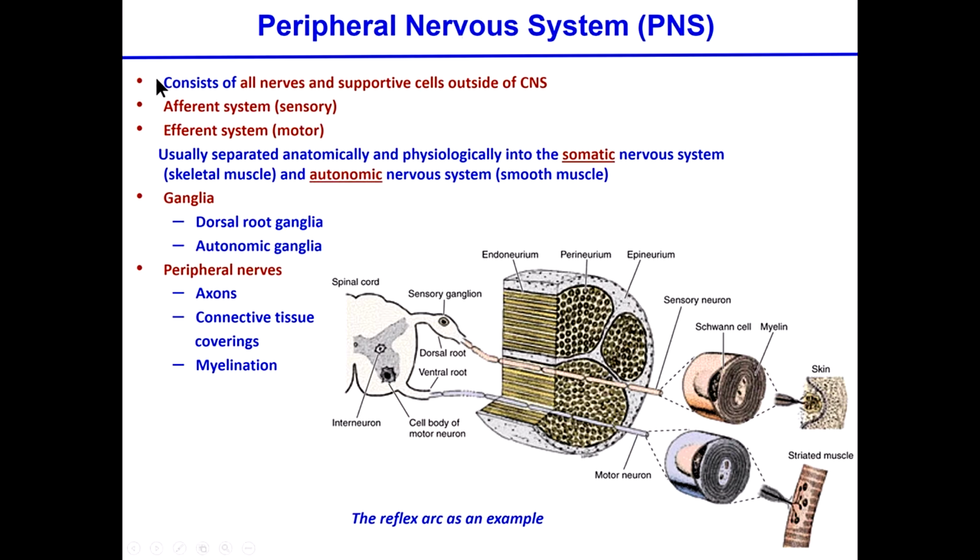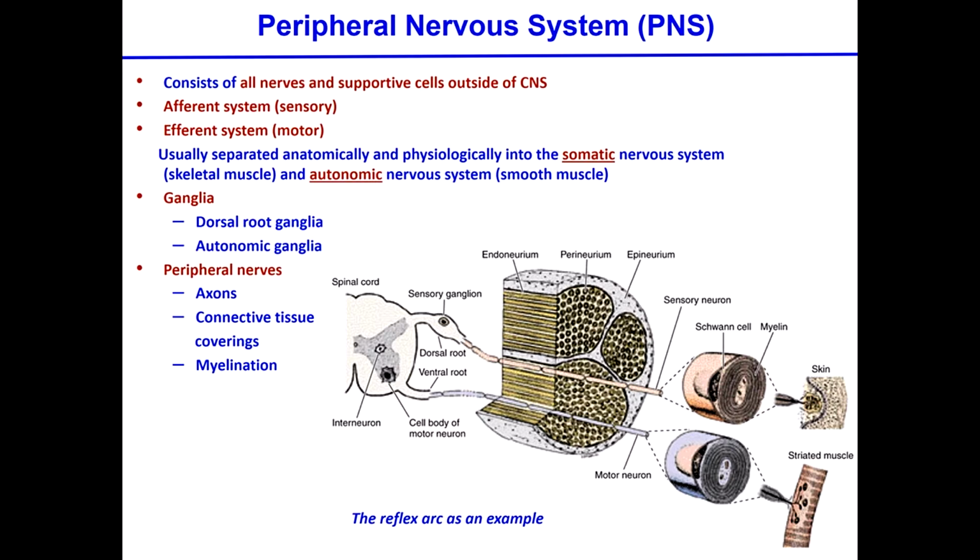Basically, we can define these as all nerves and supportive cells, glial cells, Schwann cells and all that, which are outside the central nervous system. What qualifies something as peripheral is being outside of the central nervous system.